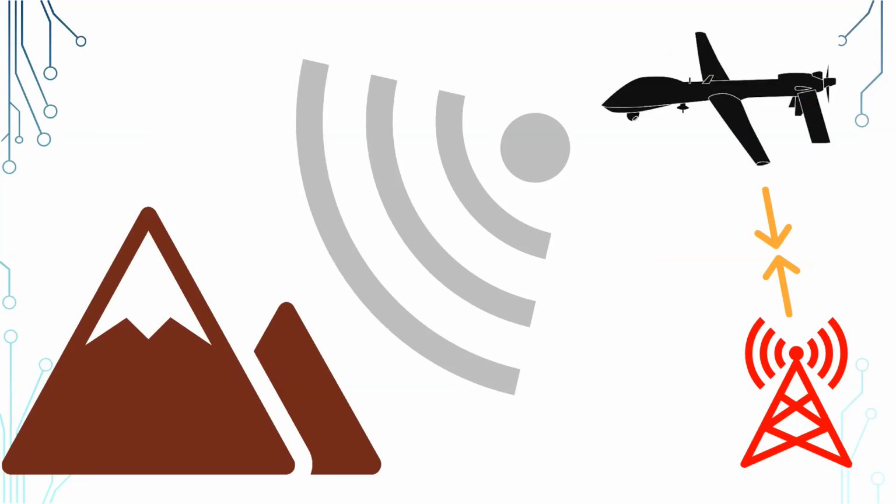This graphic here is a rudimentary representation of the connectivity between a control tower on the bottom right and a UAV on the upper right, and the derivation of obstructions from a visibility corridor analysis that allows a UAV to avoid obstructions such as mountains on the left within its range.